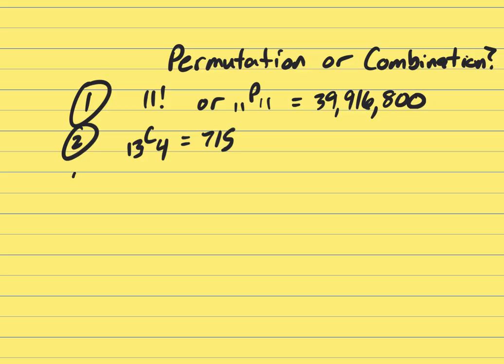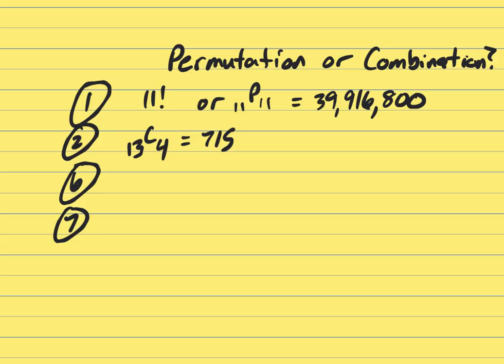Okay, jump down to number 6. Actually, I'll do 7 first and then we'll come back to 6. So let's look at 7 first. 16 people tried out for a musical for the lead. How many ways can the director select a lead and then an alternate for the lead? Okay, so is there a specific placement or position that's being filled? Yeah.